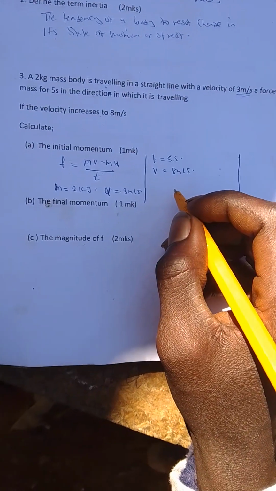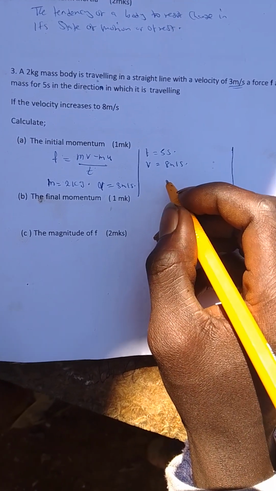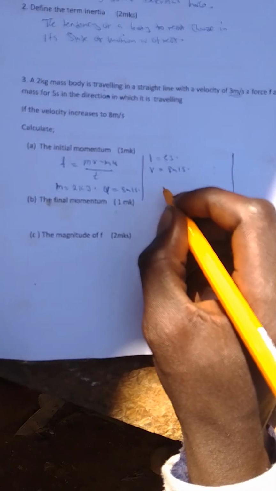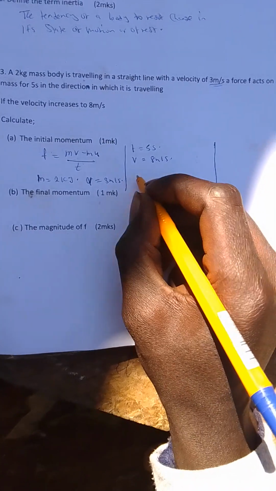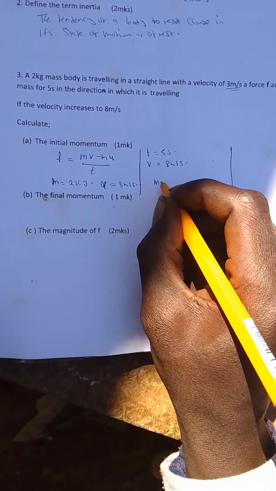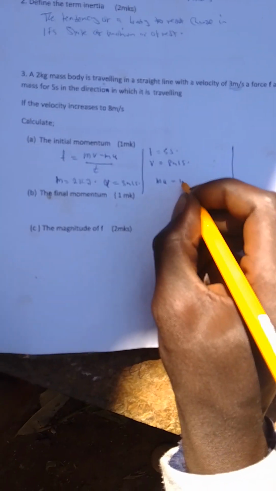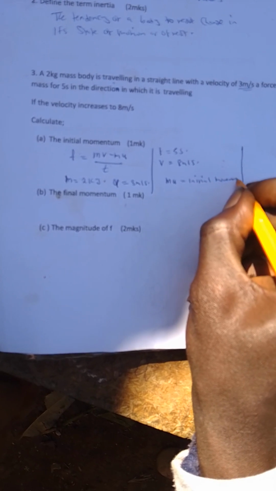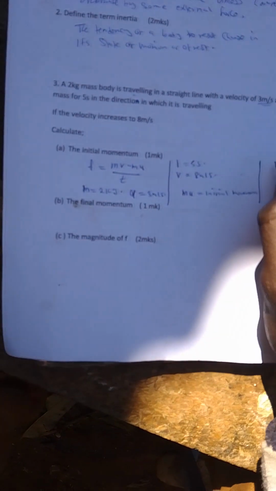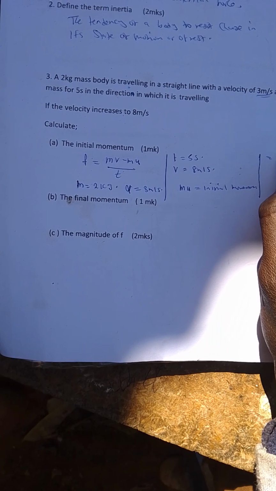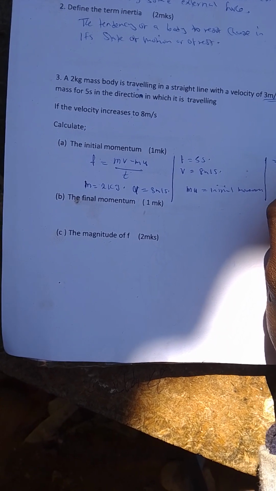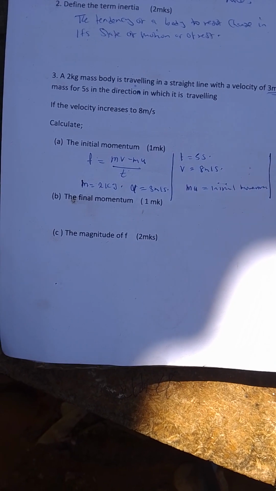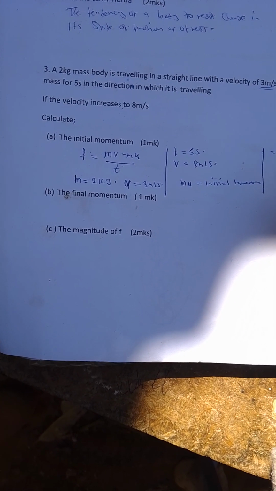So to calculate the initial momentum, we know that the initial momentum should be mu, that is the initial momentum of the body. So we have to multiply the mass, that is 2 kilograms, with the initial velocity, that is 3 meters per second.